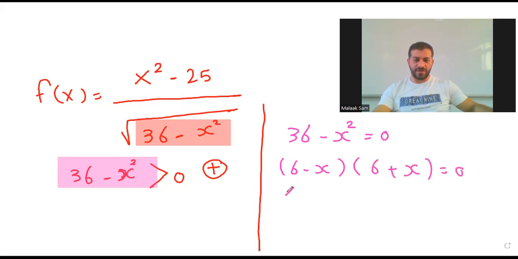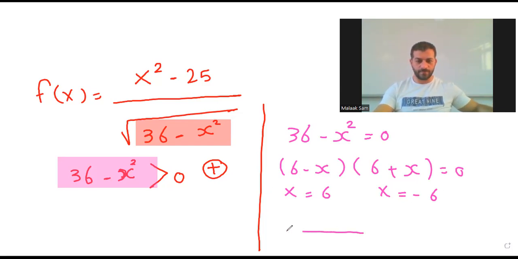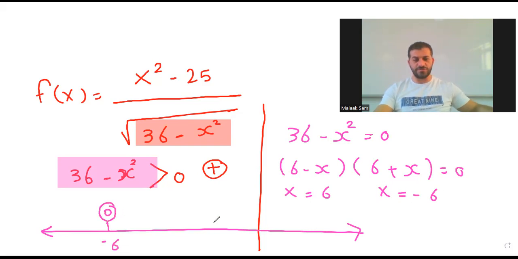You will end up with x equals 6 and x equals negative 6. So we have two values. The two values make the denominator equal 0. So on the number line, we have 6 and negative 6. Negative 6 makes the function equal to 0, and 6 makes the function equal 0.